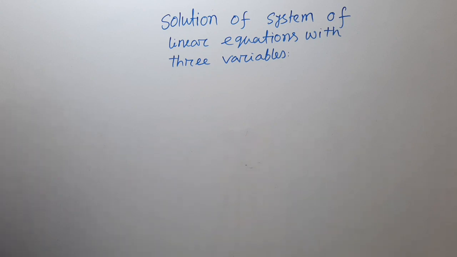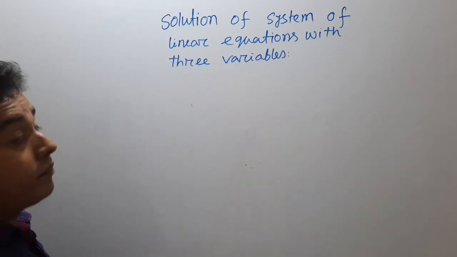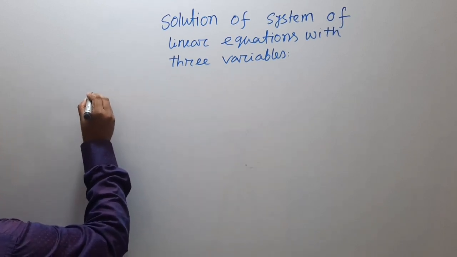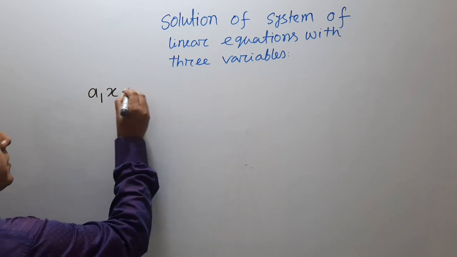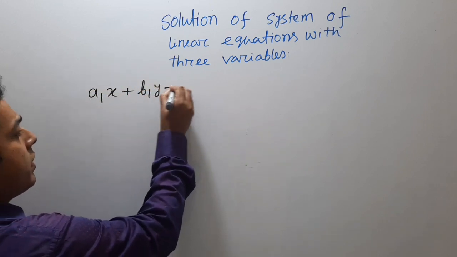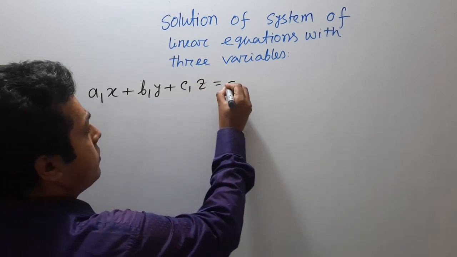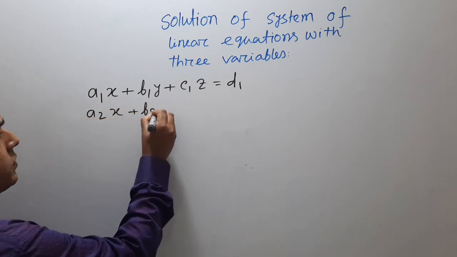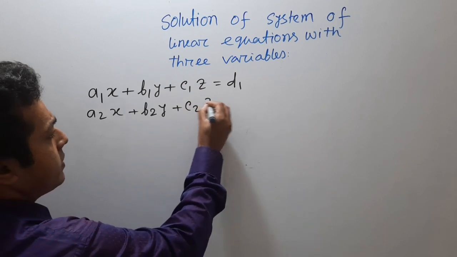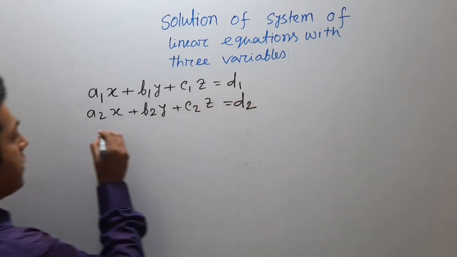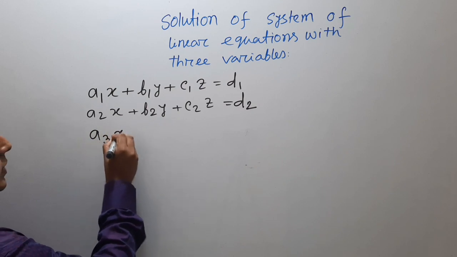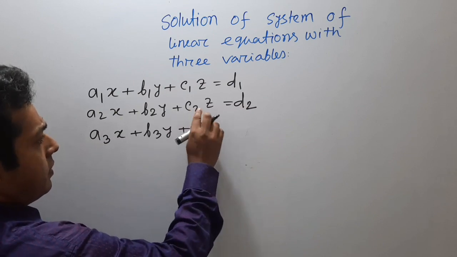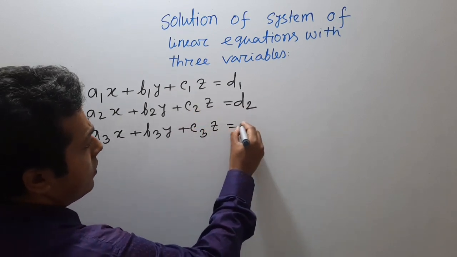As an example, the system of linear equations of 3 variables is here. a1x plus b1y plus c1z is equal to d1, and a2x plus b2y plus c2z is equal to d2, and a3x plus b3y plus c3z is equal to d3.